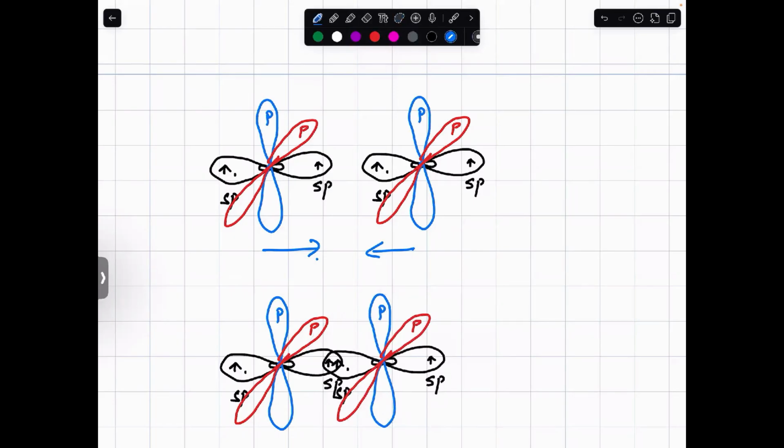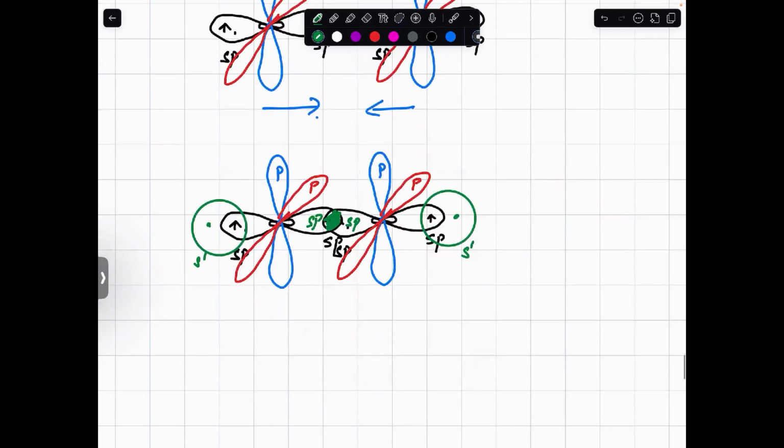This is the sigma bond between the two because of sp and sp overlap. This is S with, this is S1, the hydrogen. Now, you know what happens?